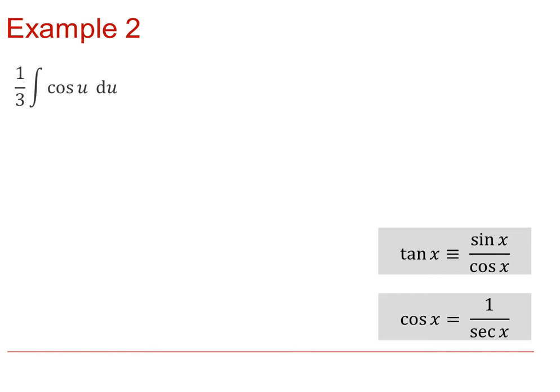We now have an integral that we can easily integrate, and this will be 1/3 of sine u plus c. So all we have to do now is translate that back into using x. Well, we knew that x was 1/3 of tan u, and we also know that tan u will be sine u over cos u.